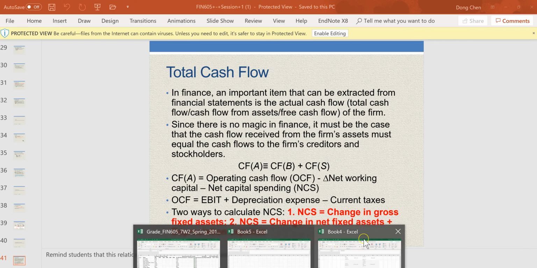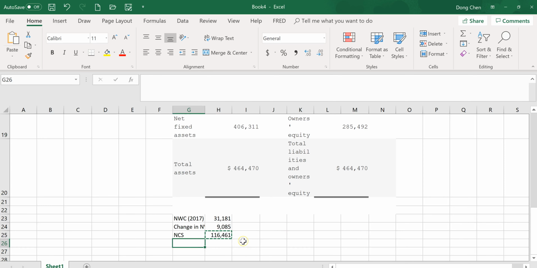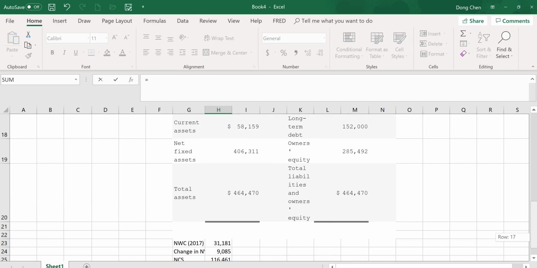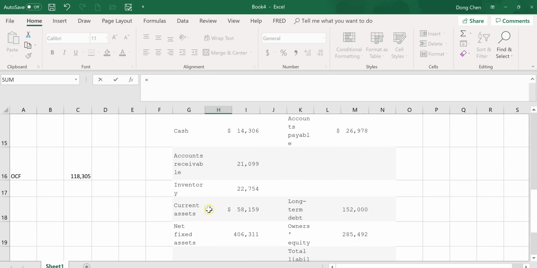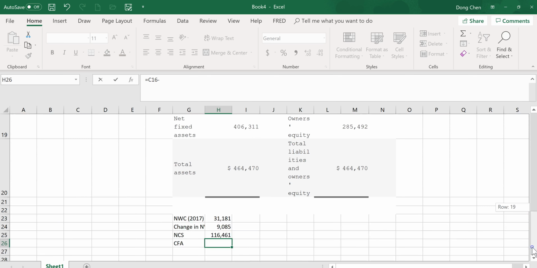We can do that calculation pretty straightforwardly. CFA, cash flow from assets, is simply we go back to our operating cash flow, it's right here, and then minus the change in net working capital right here, and minus the net capital spending.